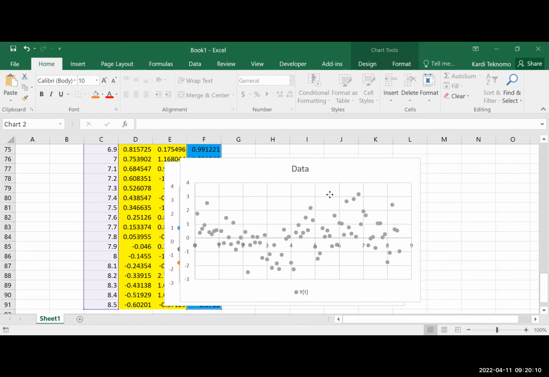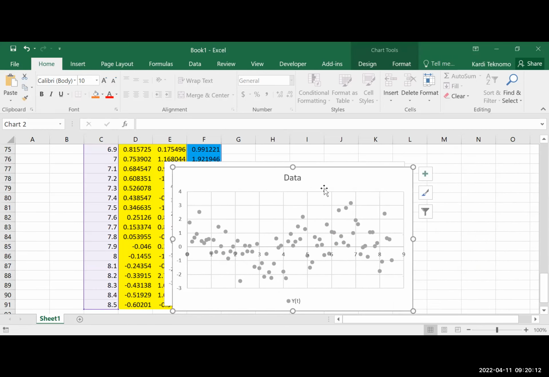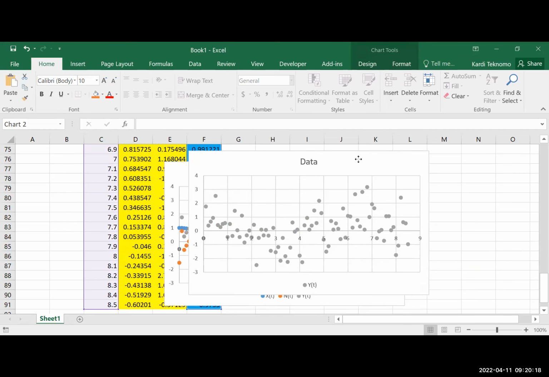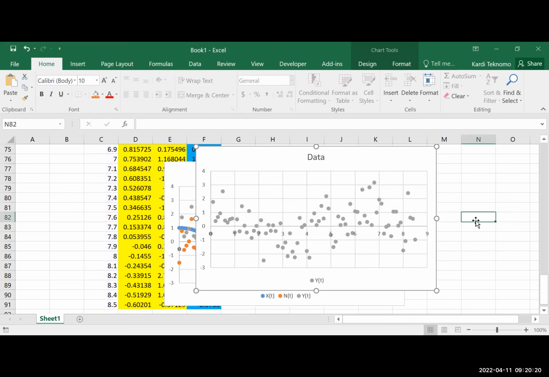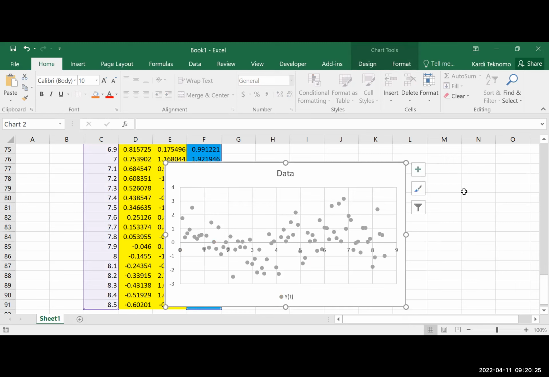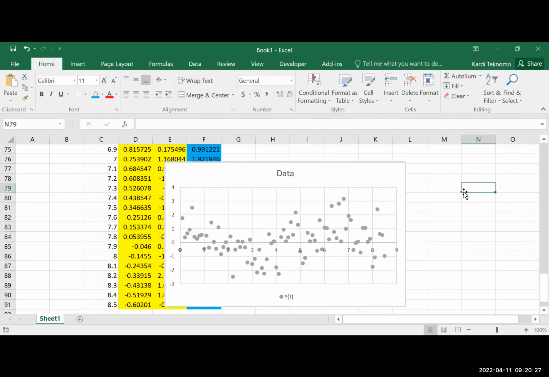Okay, if you look at this, this is my real data example. Okay, it looks like this. Okay, this is my real data. You don't know the actual pattern. You don't know the actual noise because they are mixed up between pattern and the noise.